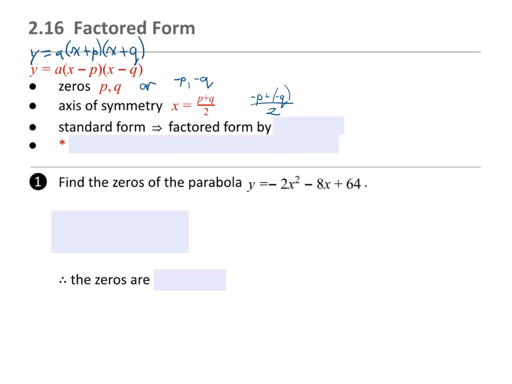This is why I recommend using the red in this case instead of what I'm writing, but I want to keep it consistent. All right, standard form from factored form.